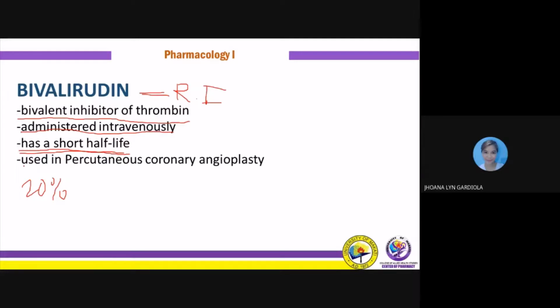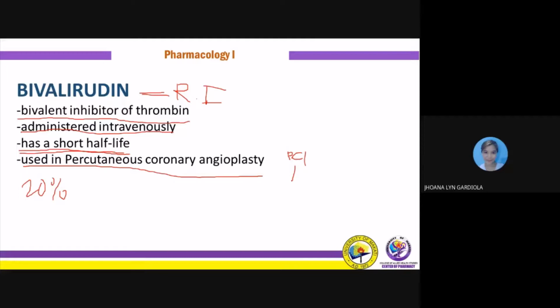It is also used in percutaneous coronary intervention or PCI, which is a procedure used to open clogged heart arteries, wherein a tiny balloon catheter is inserted in a blocked blood vessel to help widen it and improve blood flow to your heart.